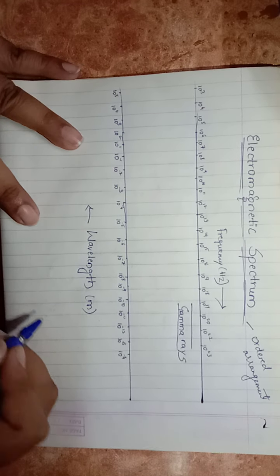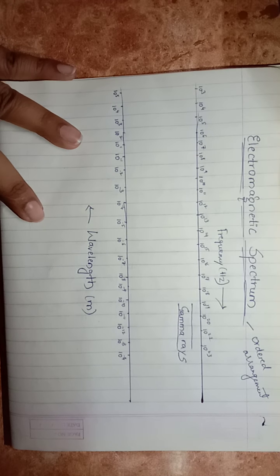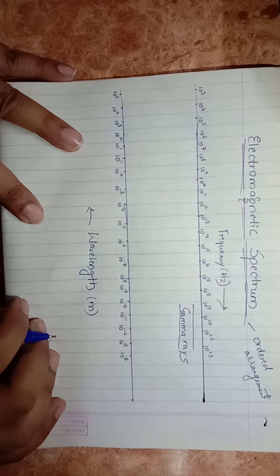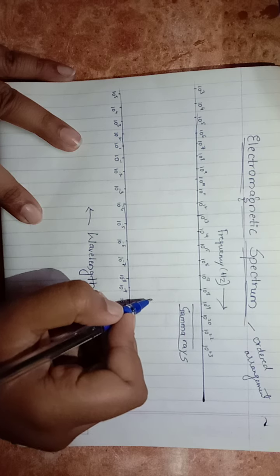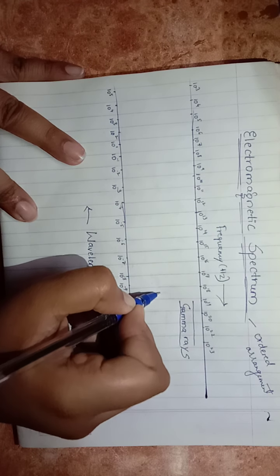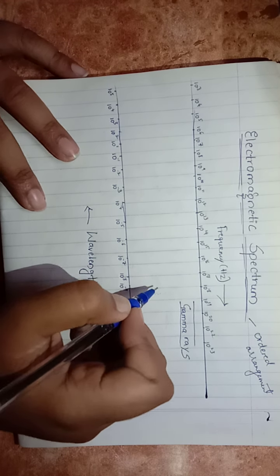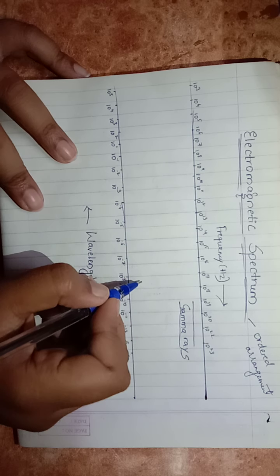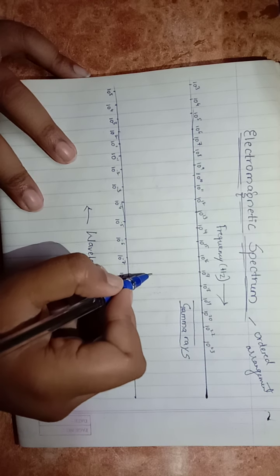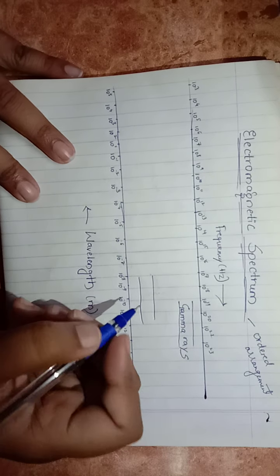Okay, next, what is the range for X-rays? We have written already, from 10 raised to 18 hertz to 10 raised to 23 hertz, from 18 to 23. So in this region I will write the X-rays.